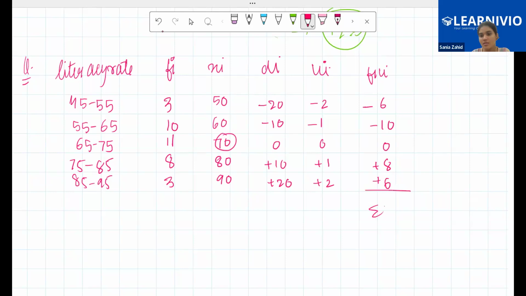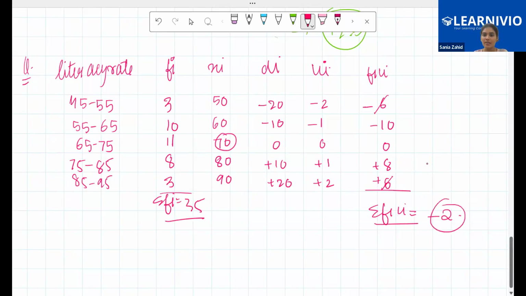Now you calculate summation of fi ui. The summation of fi is 35 because it was already given, 35 cities. So plus 6 and minus 6 cancel out. Then minus 10 and plus 8 gives you minus 2. Are you getting the same answers up till here?